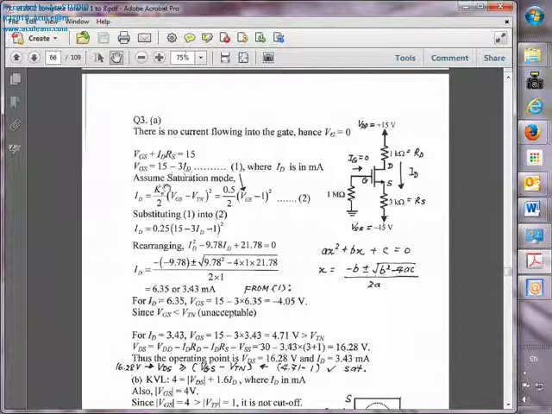For MOS transistors, as the saturation region is the main operation region, always assume it is in saturation mode. For saturation mode, we can use the equation for the current ID for NMOS. As lambda is equal to 0, we get this equation.